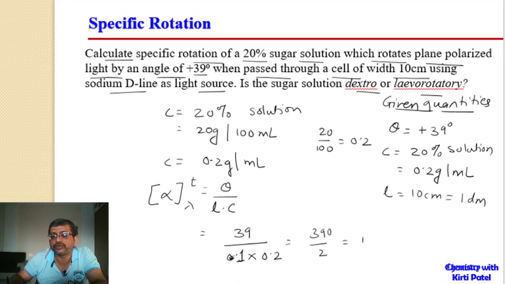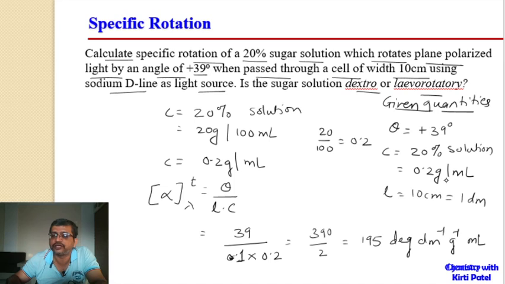So this will be equal to 195, and the units will be, theta is expressed in degrees. So degrees, L is expressed in decimeter and it is in denominator. So per decimeter, C is expressed in grams per ml. So it will be per gram ml.